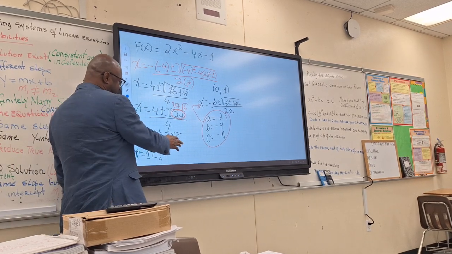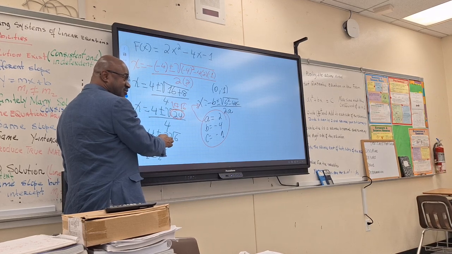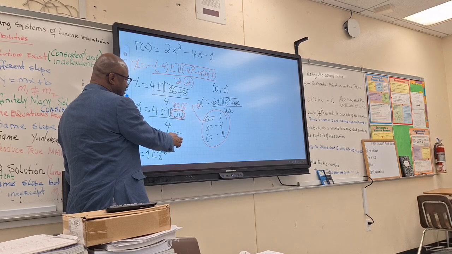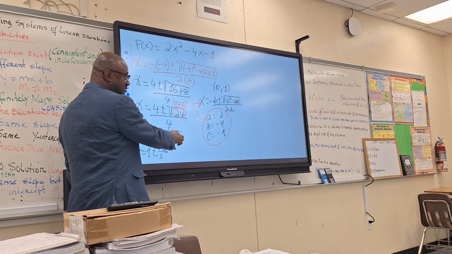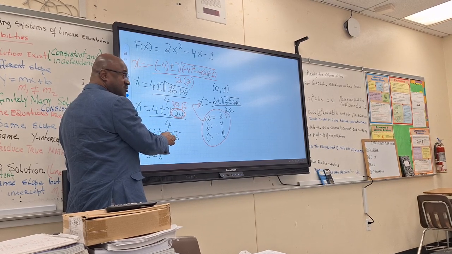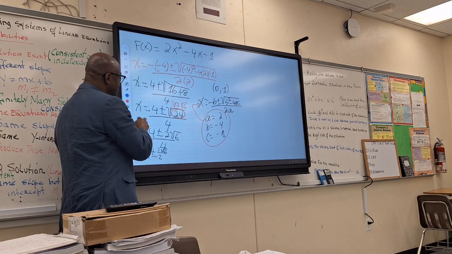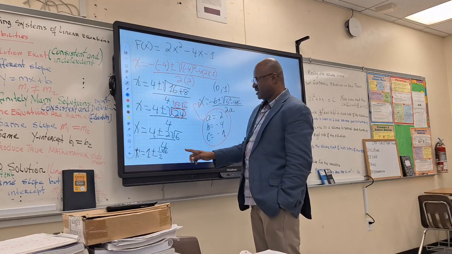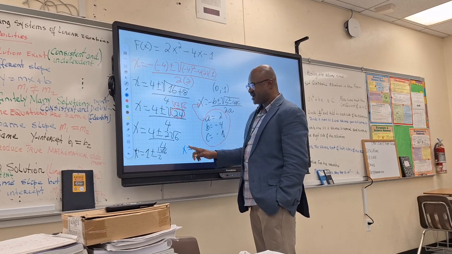Or you come here, change that into a decimal, then multiply by 2. What is the square root of 6? Use the calculator to find the value of the square root of 6. Then multiply by 2. That will be your decimal equivalent. What is that? Then we will have x equals, right?